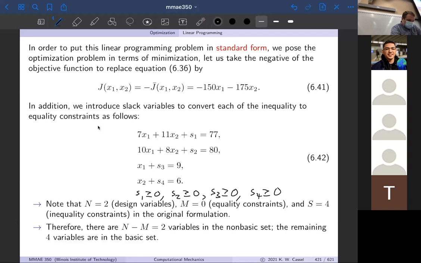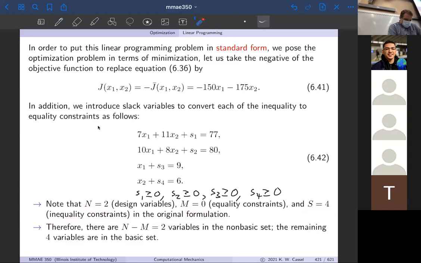So once again, we said this just a moment ago, but n is equal to 2, that's number of design variables, m is equal to 0, number of equality constraints, and s is equal to 4, the number of inequality constraints in the original problem. Those numbers do not change. Even though I've converted my inequality constraints into equality constraints, I don't move my s's to m's. S is still equal to 4, m is still equal to 0.